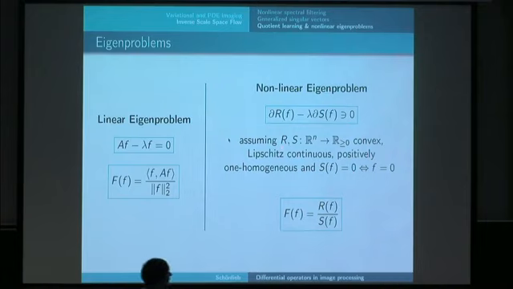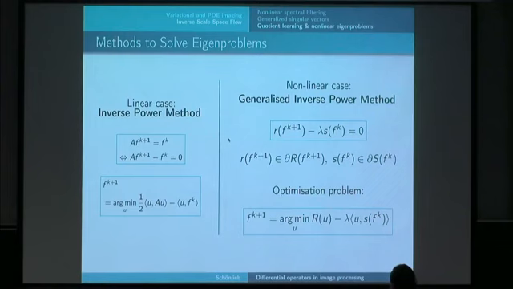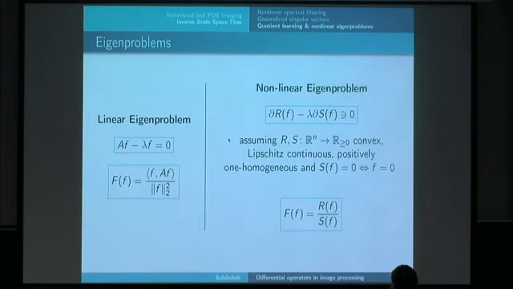You are ending up with an iteration that is aiming to solve a linearized version of the subdifferential inclusion, which you can also phrase in terms of this minimization problem here. f^{k+1} is the argmin of, and now this might remind you of something.